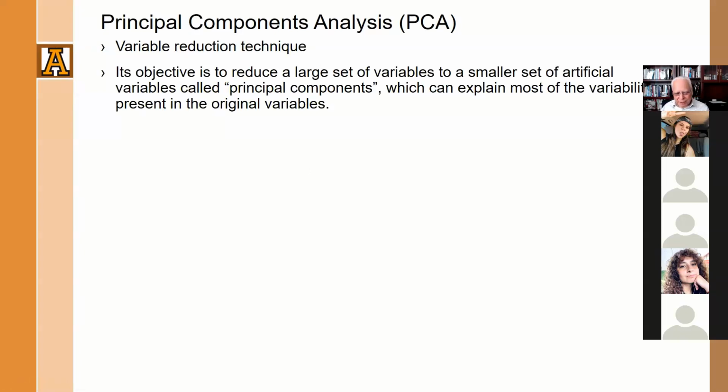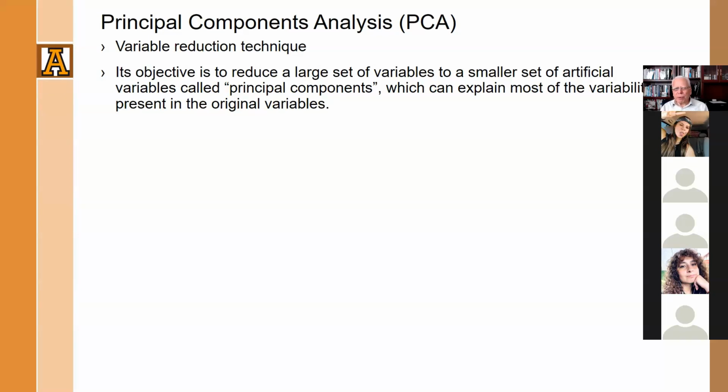So the objective is we have a large number of variables and we want to reduce that to a smaller set of artificial variables, which we call principal components. And the objective of these fewer artificial variables is to explain as much of the variability that's present in the original variables as possible.